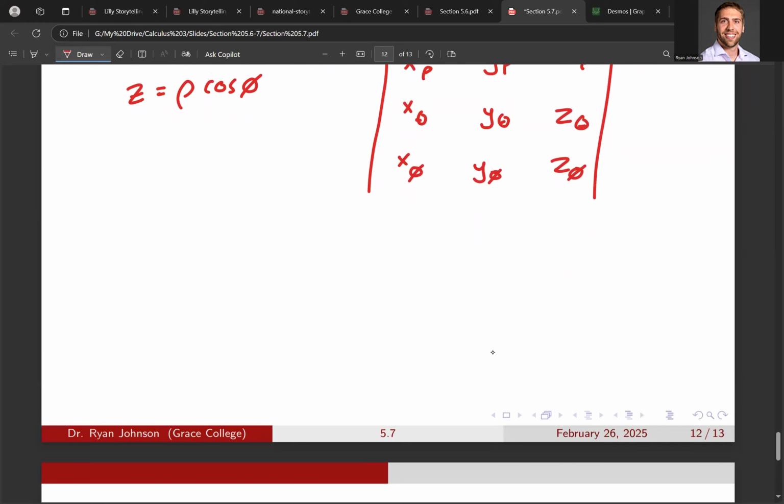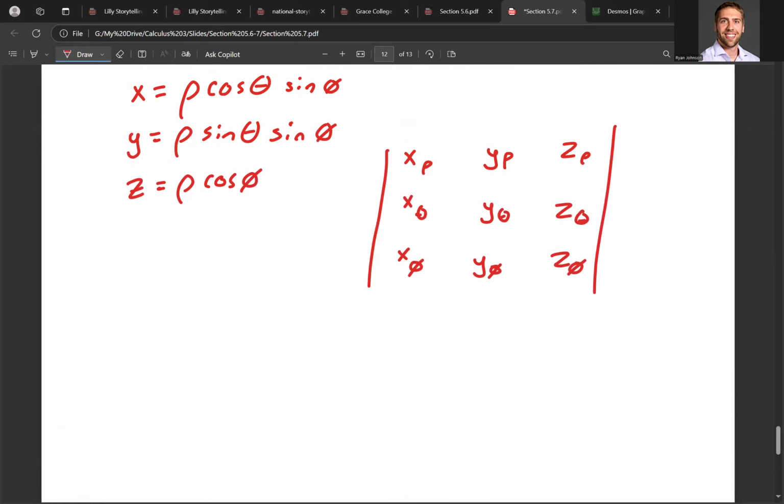Doing all the rho calculations, you've got cosine theta sine phi, sine theta sine phi, and cosine phi.